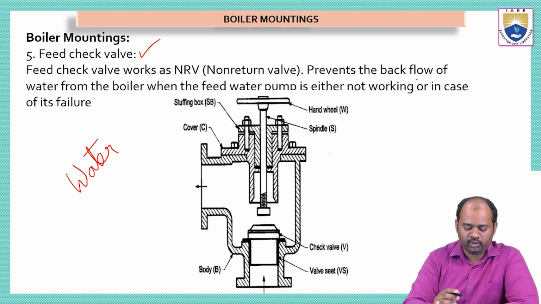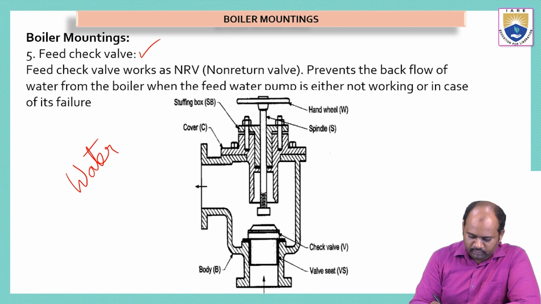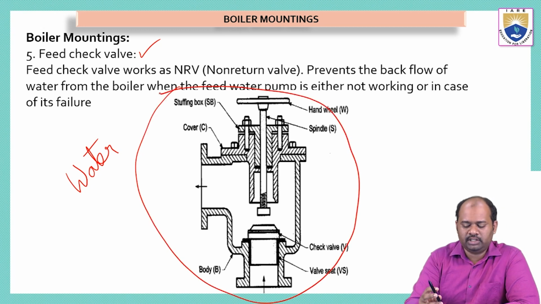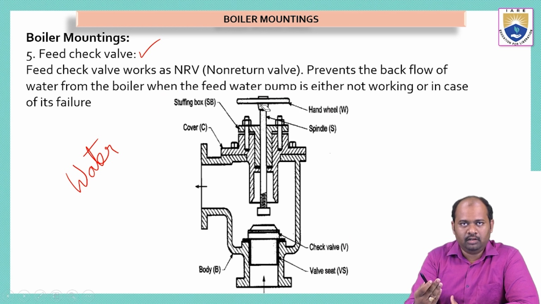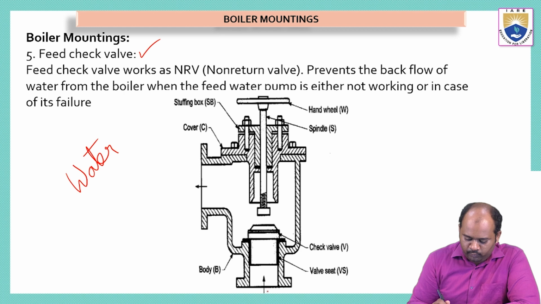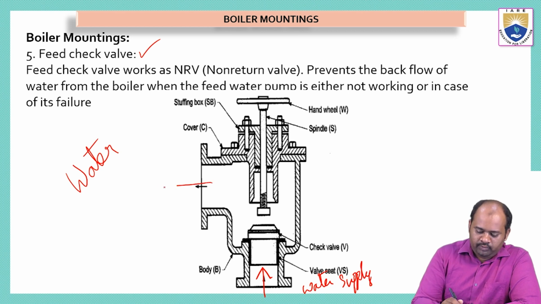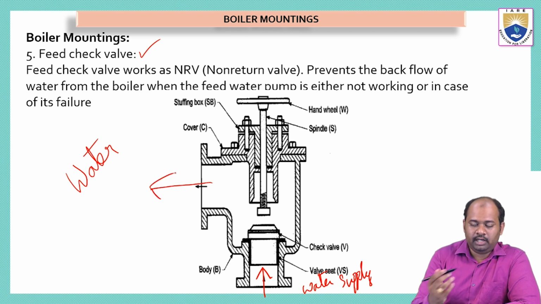It prevents backflow of water from the boiler when the feed pump is either not working or in case of its failure. Now see here, this is the entire structure, the arrangement of the feed check valve. This is where we connect the external water supply. This is where the water is connected to the boiler.